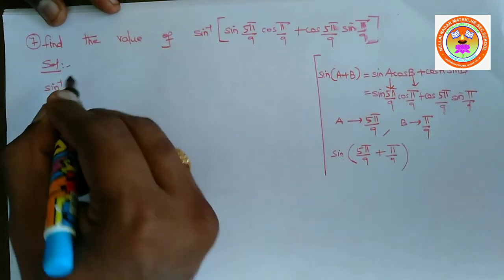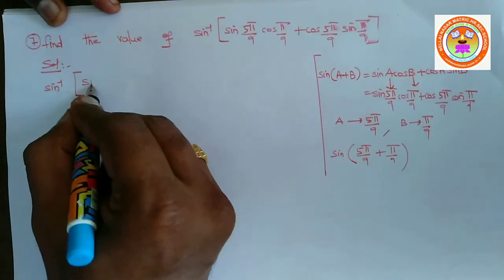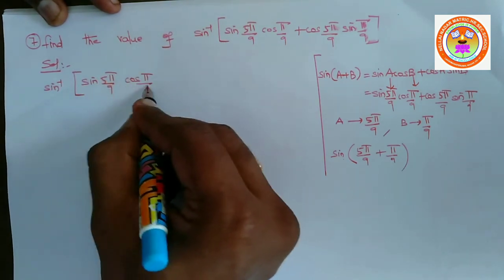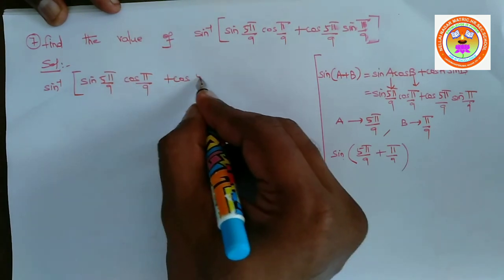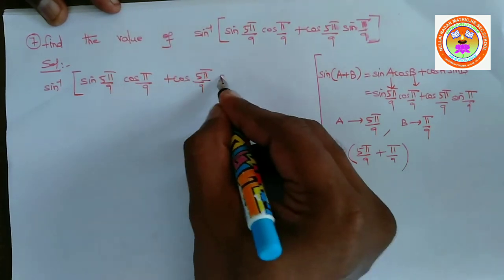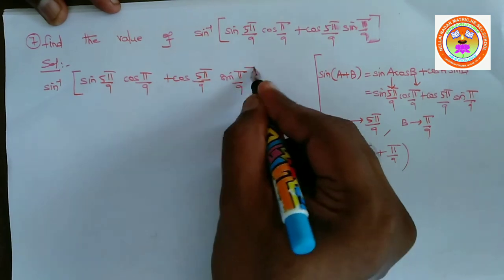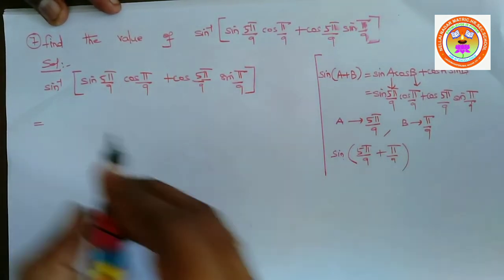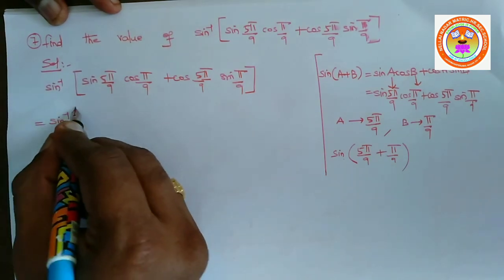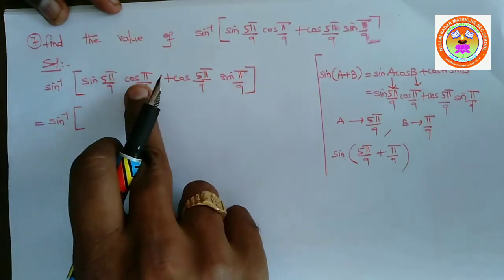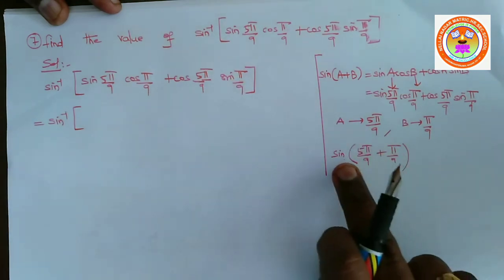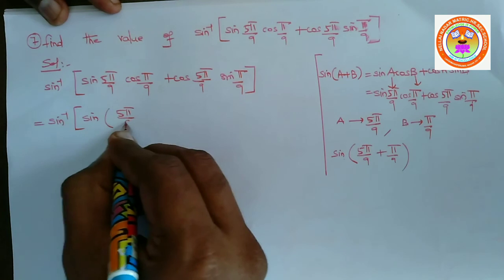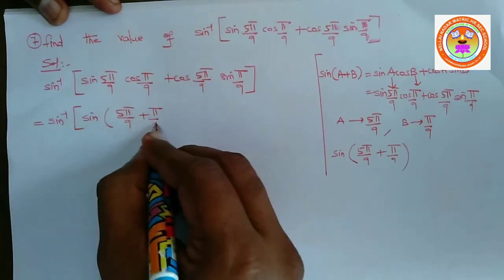Therefore sin inverse of (sin 5 pi by 9 cos pi by 9 plus cos 5 pi by 9 sin pi by 9) is sin inverse of (sin a cos b plus cos a sin b), which is sin(a + b), that is sin(5 pi by 9 plus pi by 9).